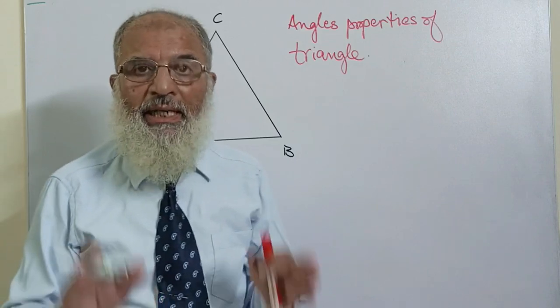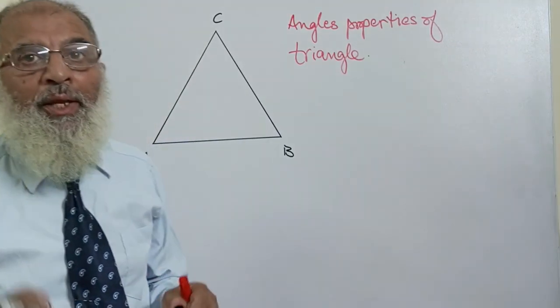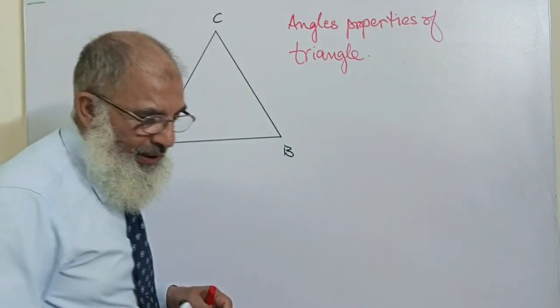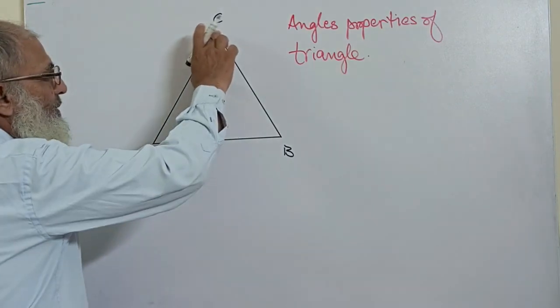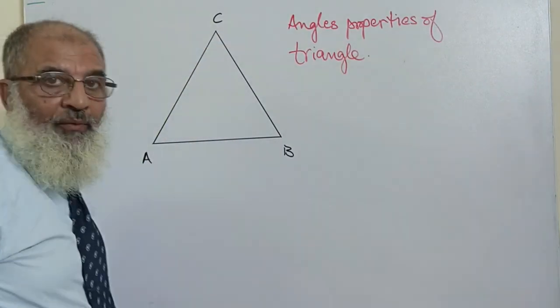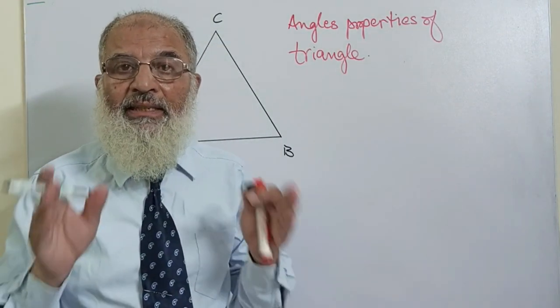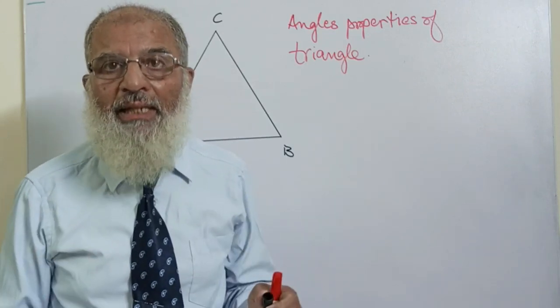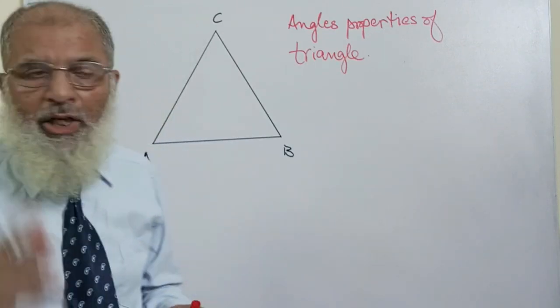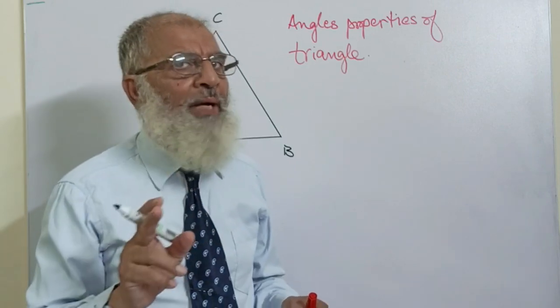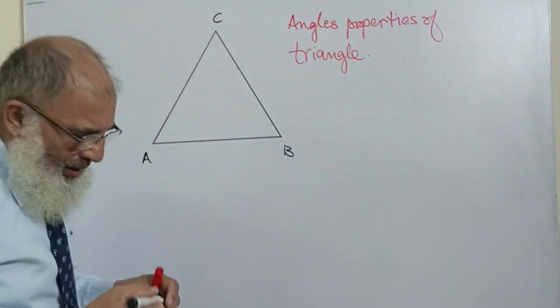That was one thing that I told you. Now the other thing is that if I break these angles, what I said is that the sum of the 3 angles is 180 degrees. Now one thing strikes my mind, and what is it?